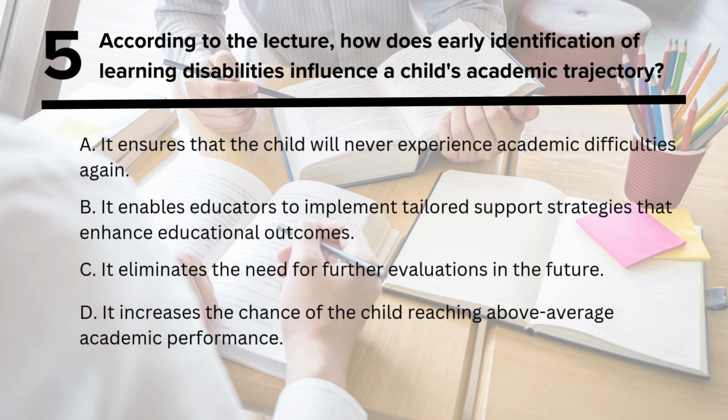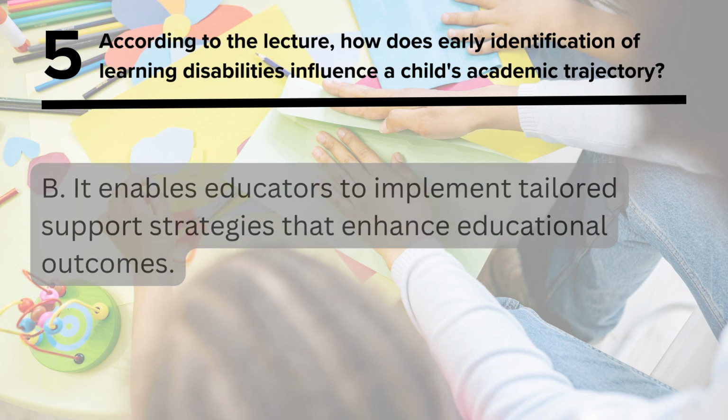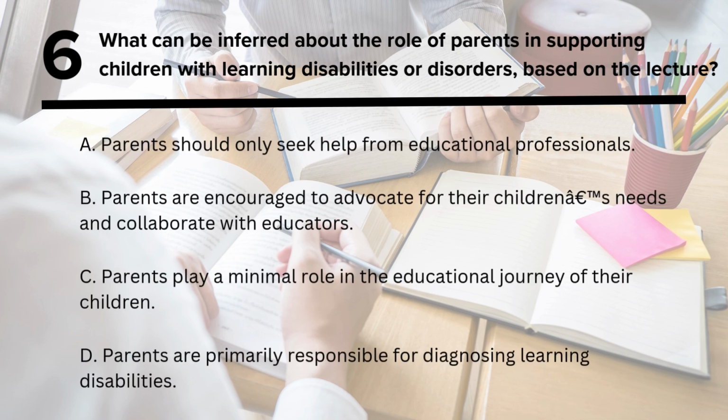According to the lecture, how does early identification of learning disabilities influence a child's academic trajectory? 6. What can be inferred about the role of parents in supporting children with learning disabilities or disorders based on the lecture?